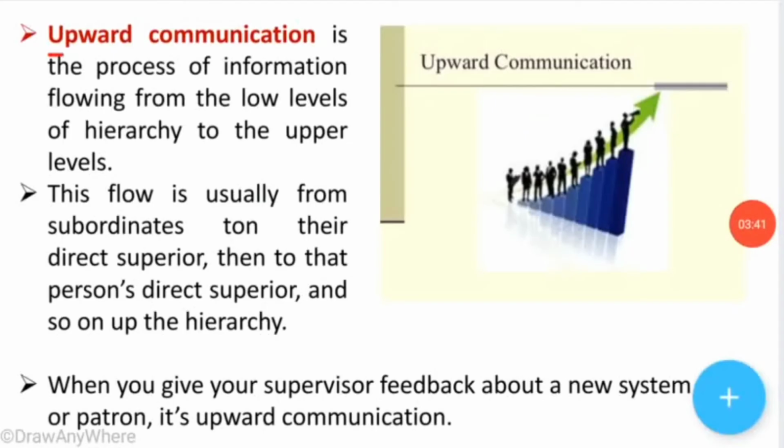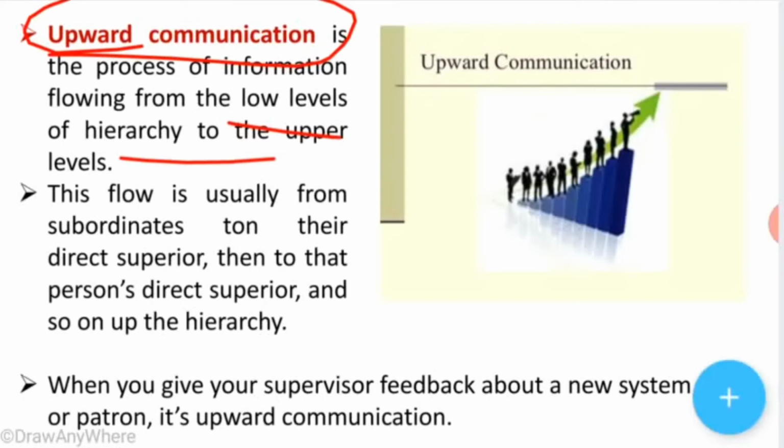Next one, upward communication. It's just the opposite of downward communication. Upward communication is the flow of information from lower level to higher level, that is, subordinate to supervisor or superior.